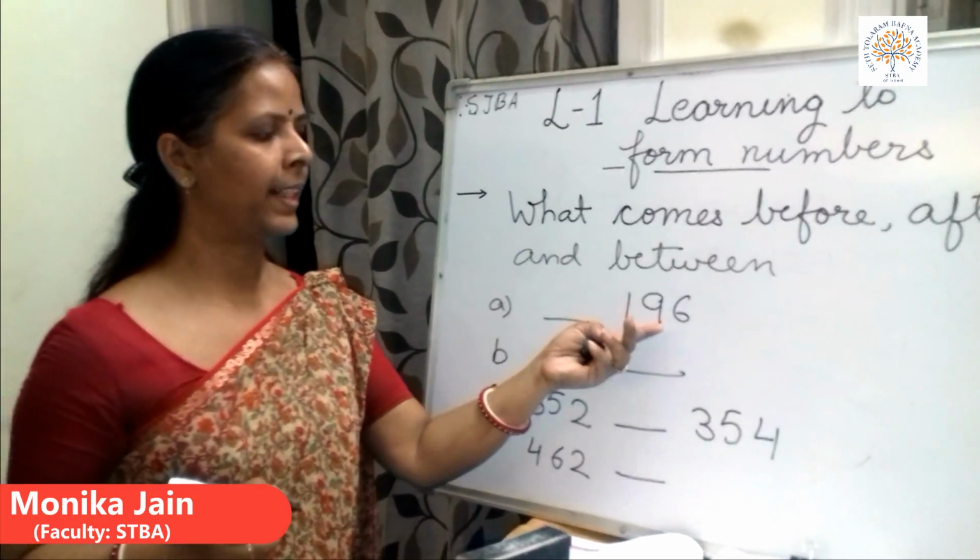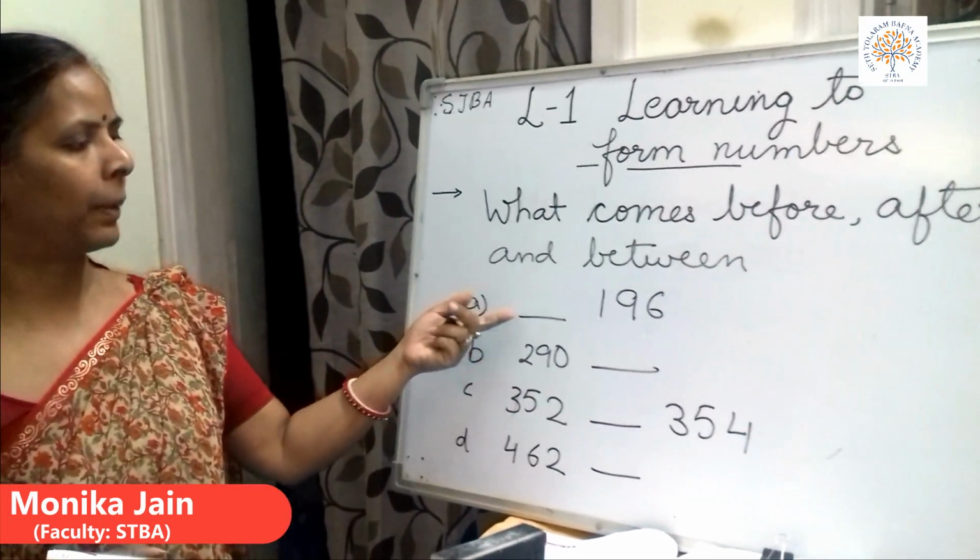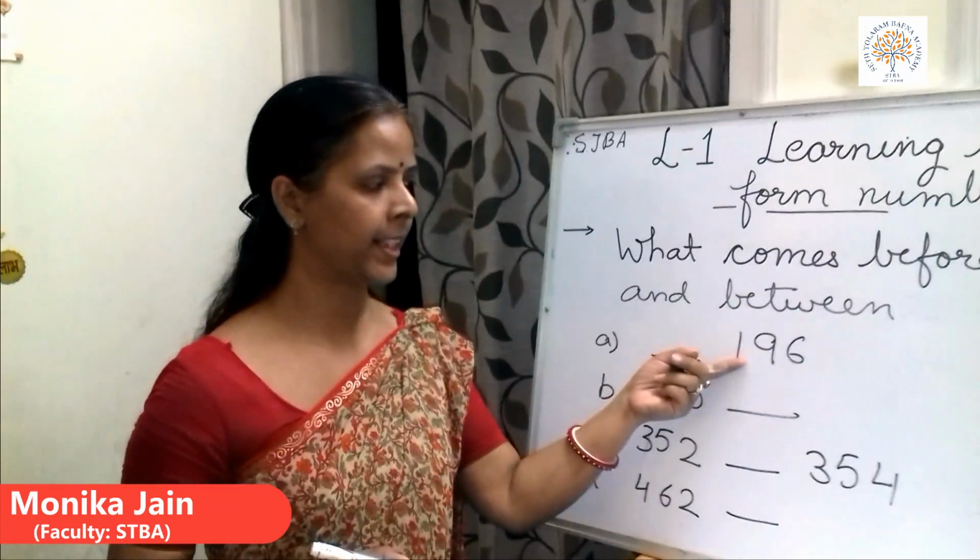First number is 196. You have to write down the number which comes before 196.